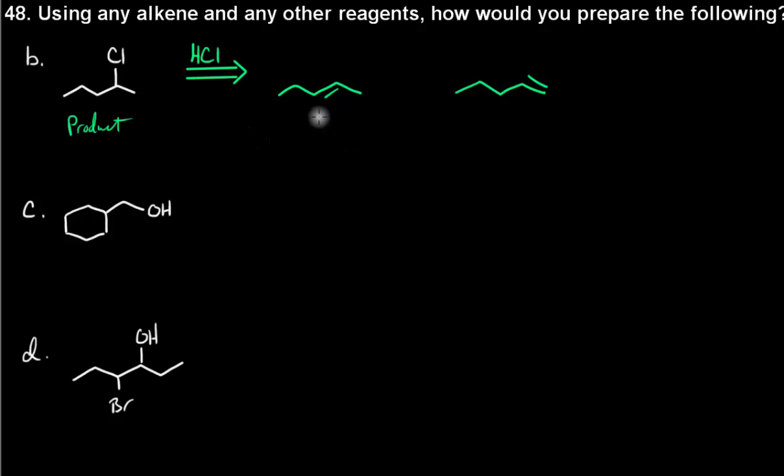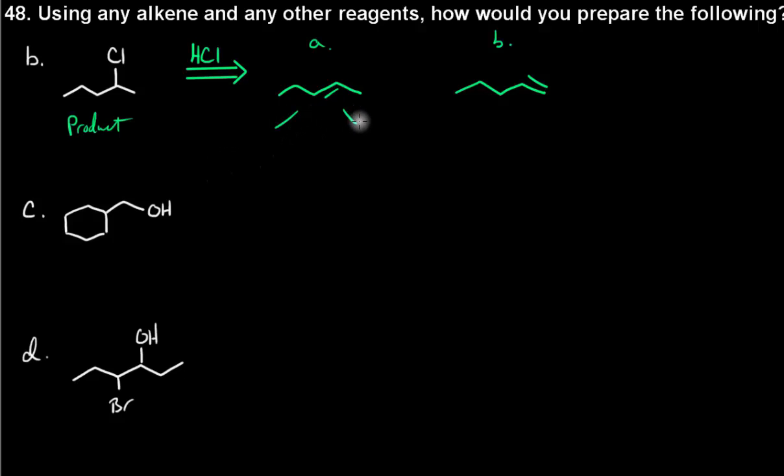So starting with either one of these alkenes, let's go through them and see if they'll give us the product. So if we add HCl to this starting material, let's call this starting material A and this starting material B, what we'll get are 2 potential carbocations.